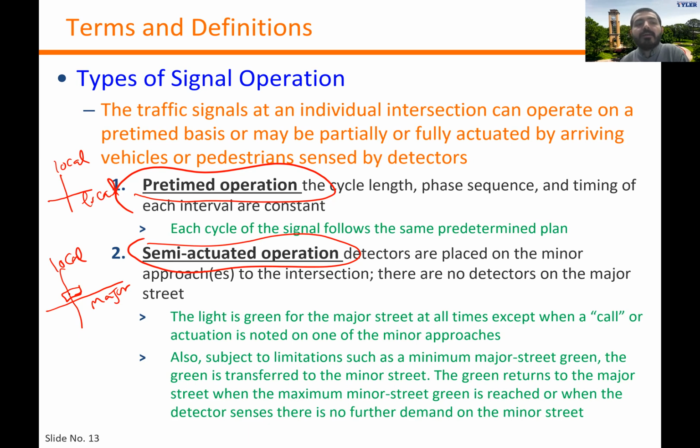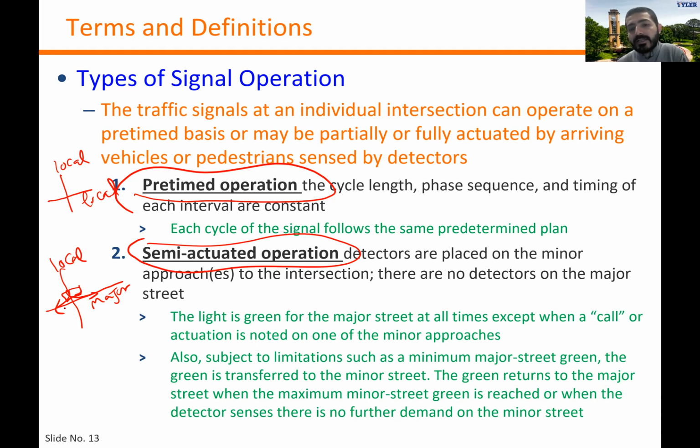So basically here we're saying that the majority of the time green signal will be granted to the major street until there are two or three or maybe one vehicle occupying the local street, and now they want to join the major street traffic stream, and if there is no traffic signal there, it's going to be hard to let them join.